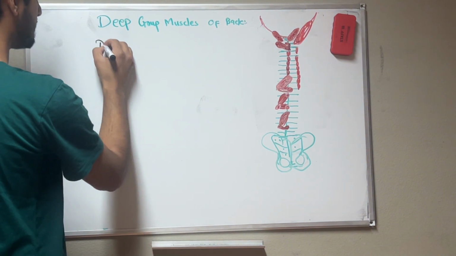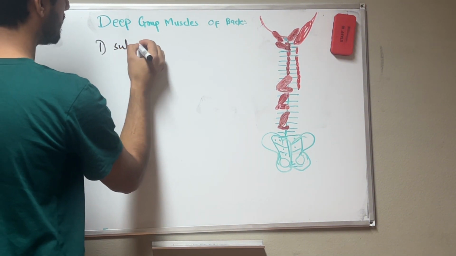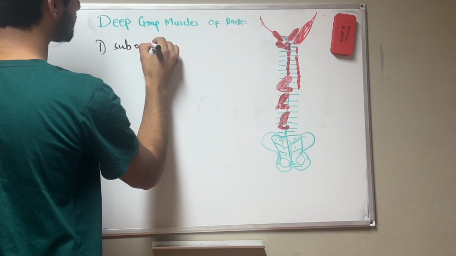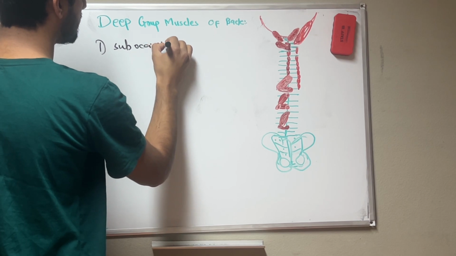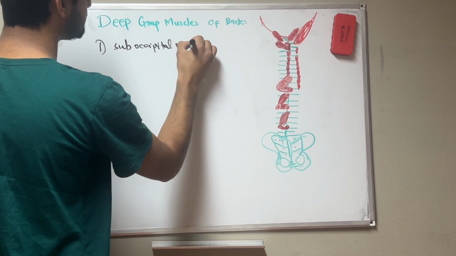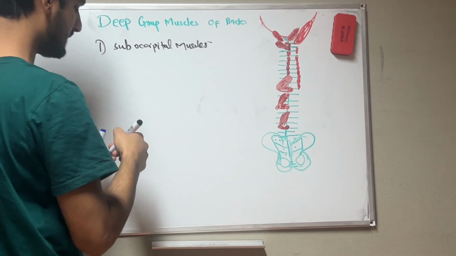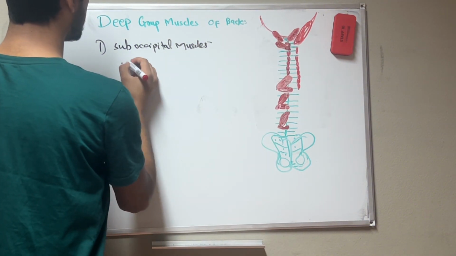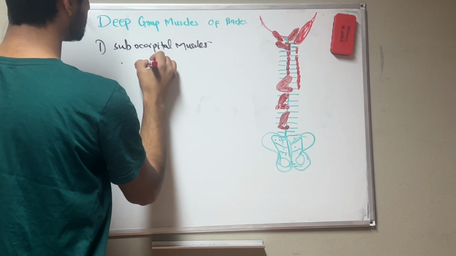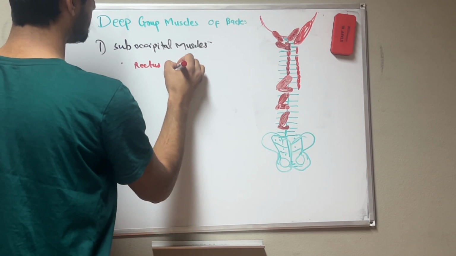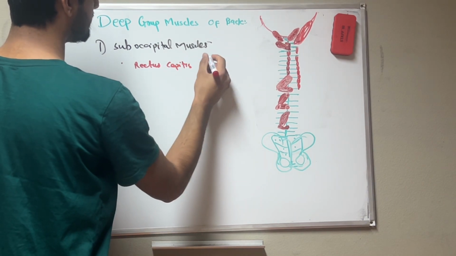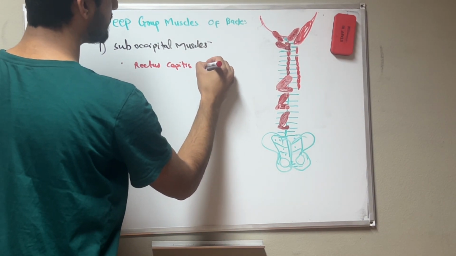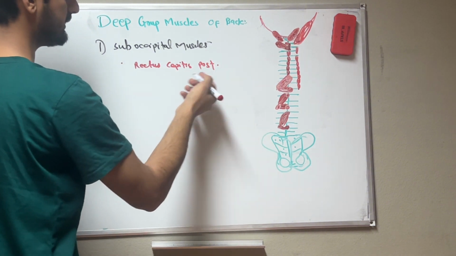First division, suboccipital muscles. In the suboccipital muscles we have rectus capitis posterior minor muscle, because we are talking about the posterior side, the back side, that's why posterior.